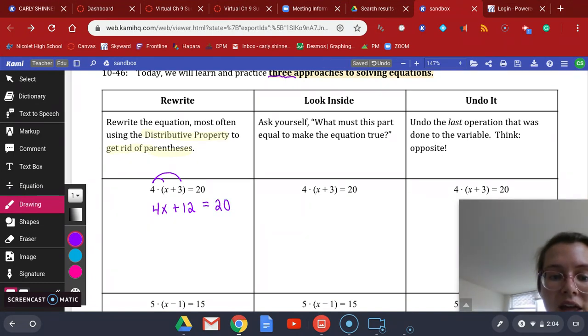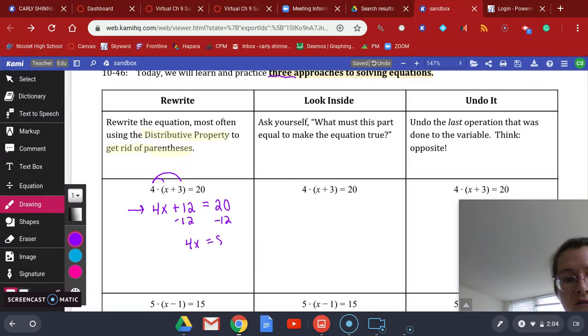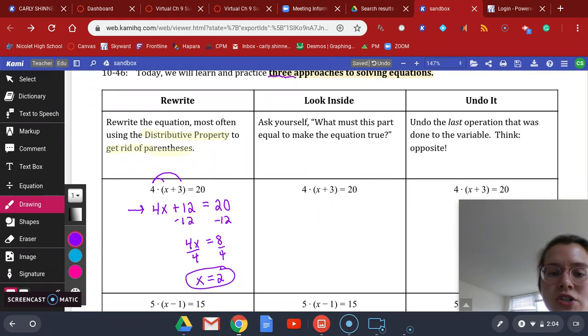I'm going to rewrite this equation in a way that allows me to solve it how you're maybe more comfortable with solving it, right? Getting rid of those parentheses. And I get x equals 2. Okay, so our strategy was to rewrite it and then solve it through. So that's our first strategy.